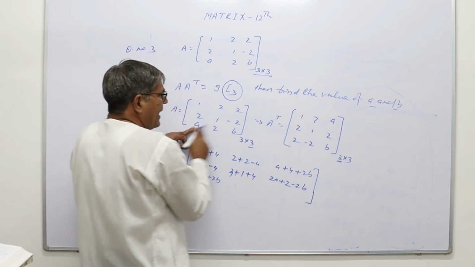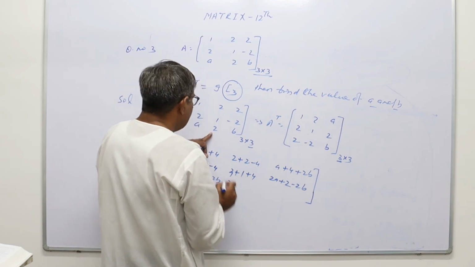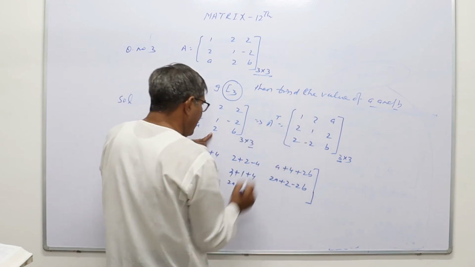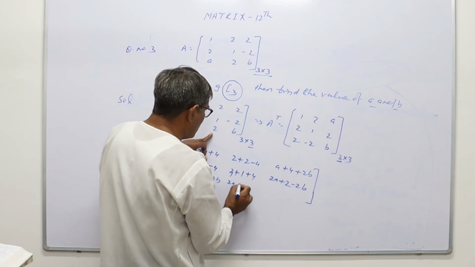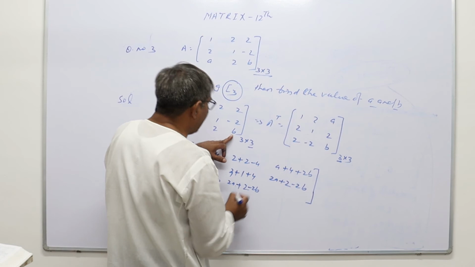Again see, a into 2, 2a, then 2 into 1 that is 2, and b into minus 2 that is minus 2b.